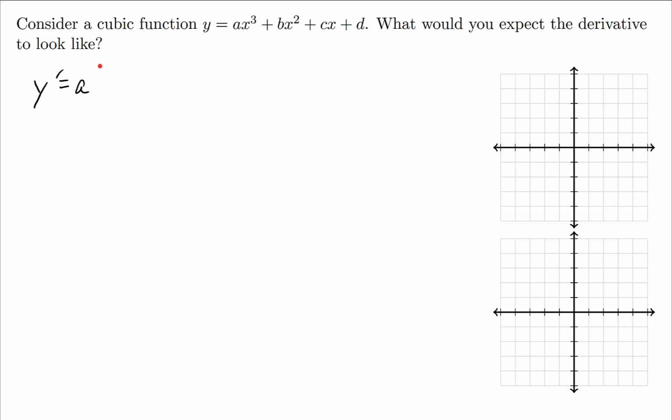The derivative of x cubed is 3x squared, and I just left the a in front. The derivative of x squared is 2x, and I just left the b in front. The derivative of cx is c, and d would disappear. So if I was to simplify this, I'll write it as 3ax squared plus 2bx plus c.